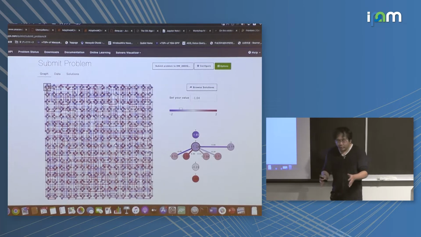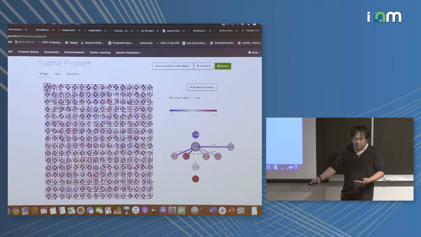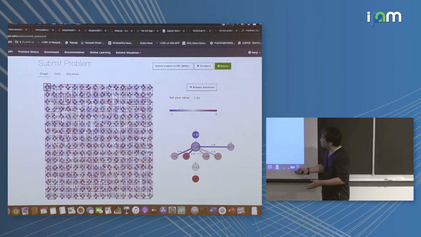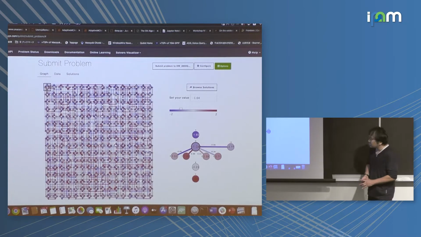But we have to prepare the distribution functions just before the sampling. So the relaxation time is very long in general. Typically, this is a spin glass problem on a two-dimensional lattice. So therefore, we typically need minutes to generate distribution functions.